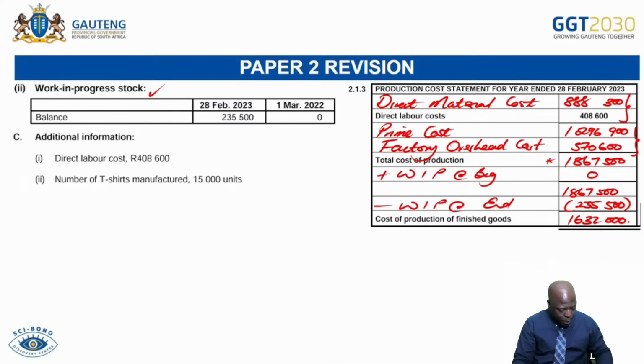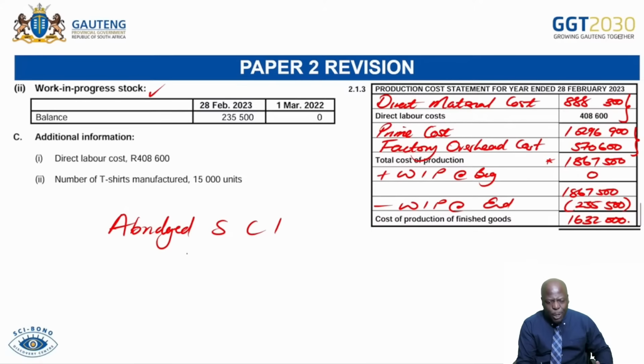Okay, so what I'm going to do, I will not continue again with more cost accounting. I need to touch a bit of inventory valuation, but I want to encourage you to go and look at your abridged statement of comprehensive income. Make sure you do calculations that pertain to this, and you also need to do calculations that pertain to break even, as well as the analysis of the break even.